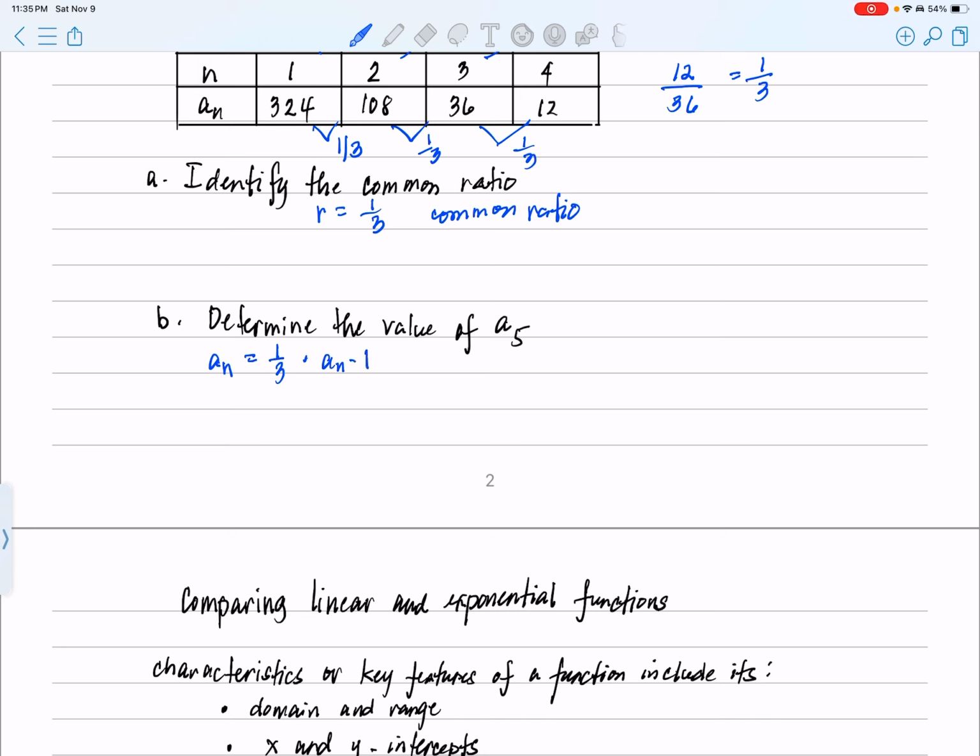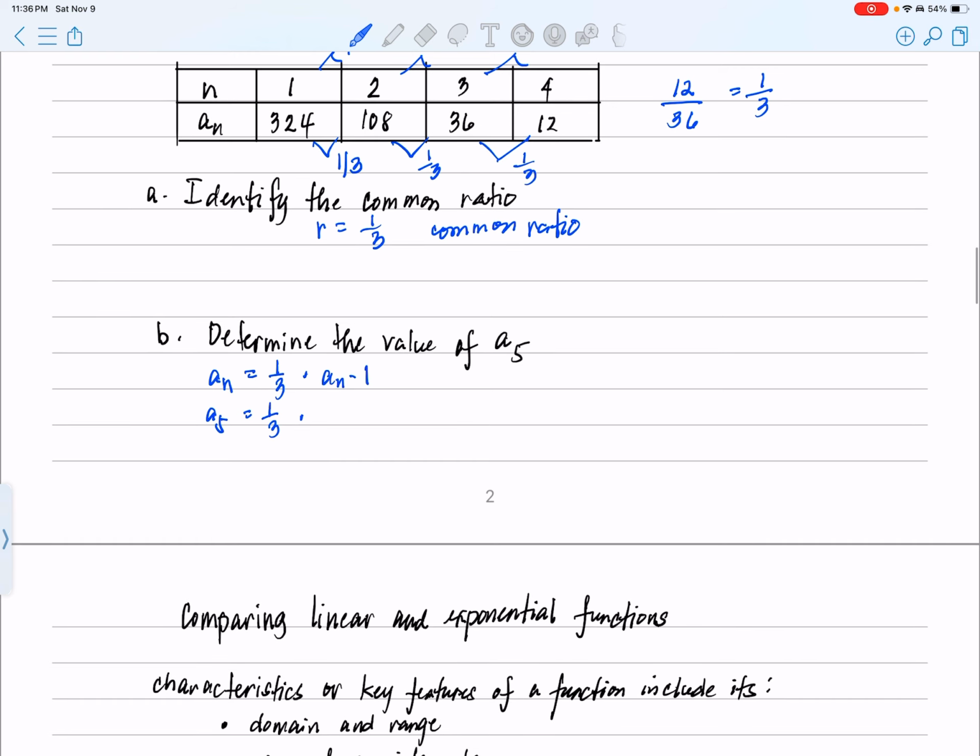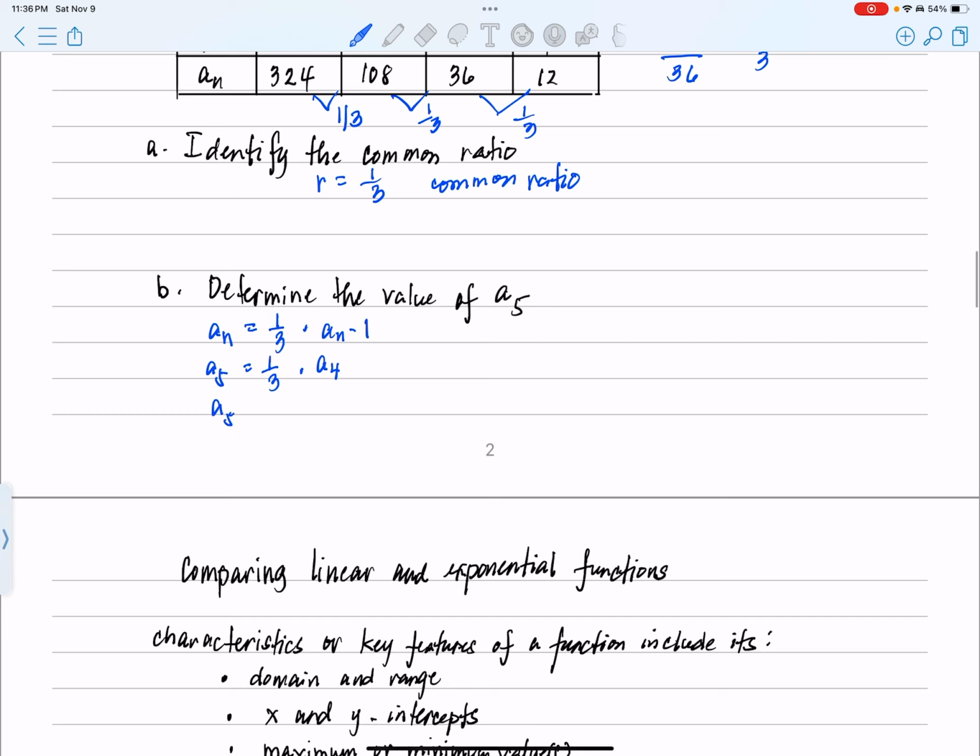So if we have a sub 5, that would be 1/3 times a sub 5 minus 1, which is a sub 4. So we're going to look for that. 5 minus 1 is 4. So what is our a sub 4 from the table? We have 12.